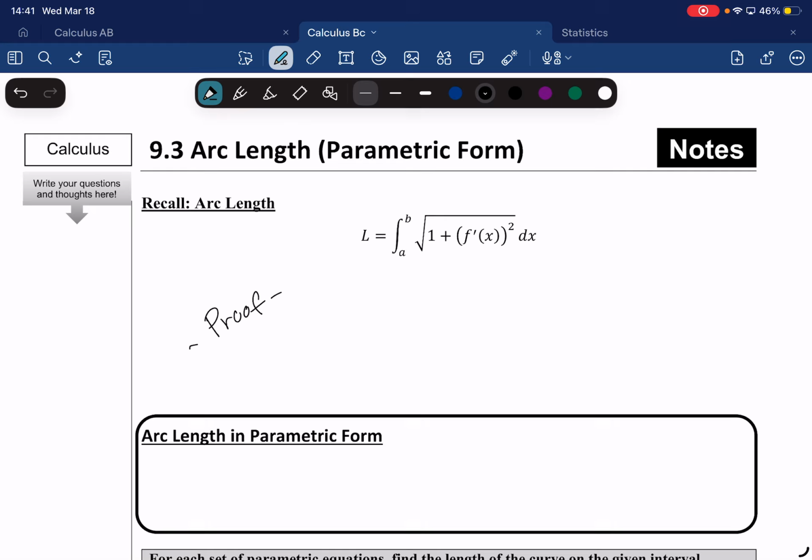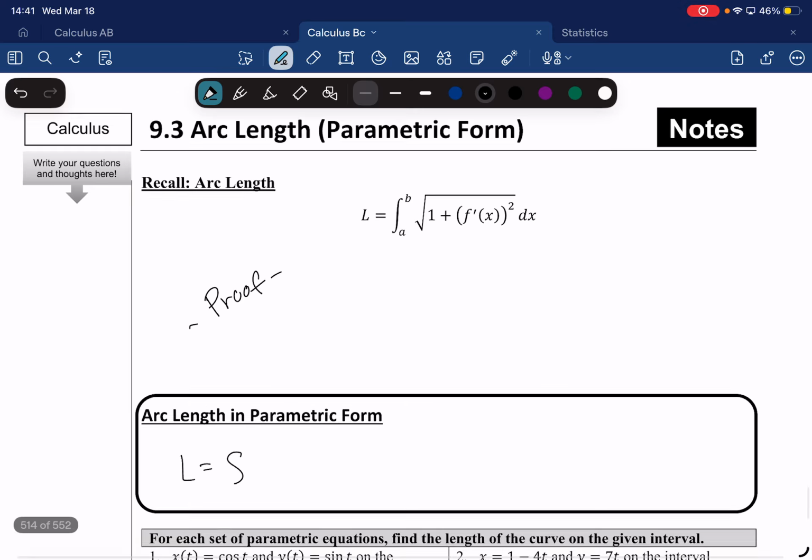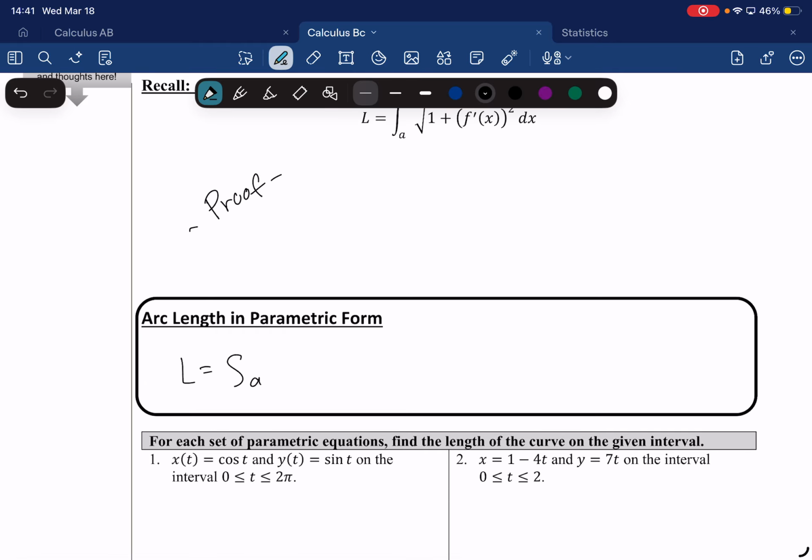What this proof leads us to is the arc length in parametric form, and that is L is equal to the integral from a to b of the square root of (dx/dt) squared plus (dy/dt) squared, dt.